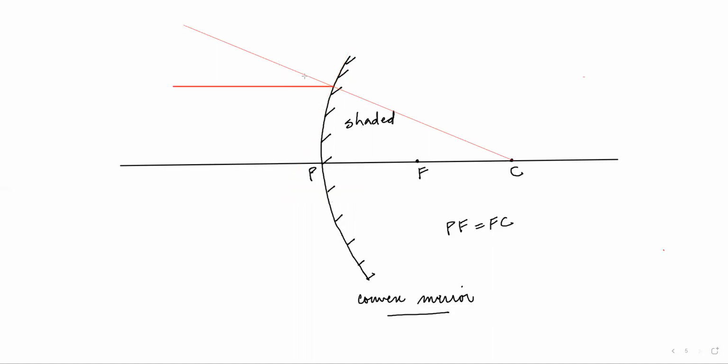Now what will be the angle of incidence? Can any student tell? Angle of incidence will be this angle. All right. If angle of incidence is this, and this is the incident ray, then where will be the reflected ray?